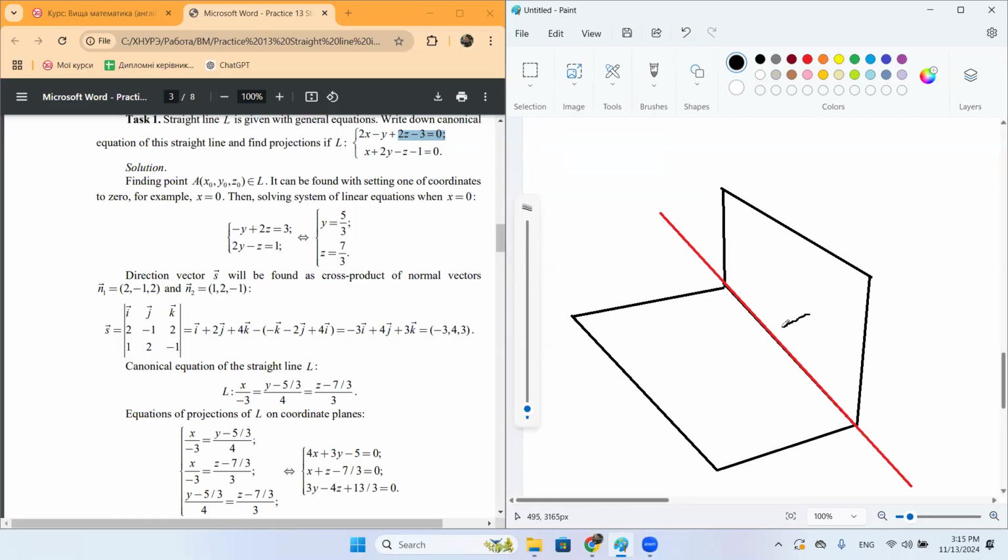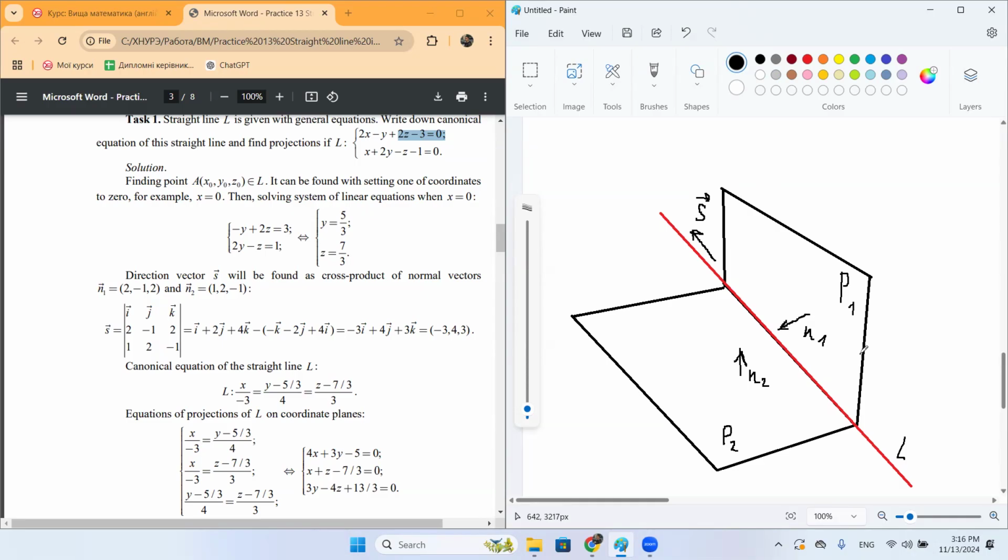So a normal vector is a vector that is perpendicular to the plane. So n1 for P1 and n2 for P2. And this is the direction vector that is either parallel to or lies along the straight line. So as you can see from this picture, vector S is perpendicular to both n1 and n2. So have I answered your question?